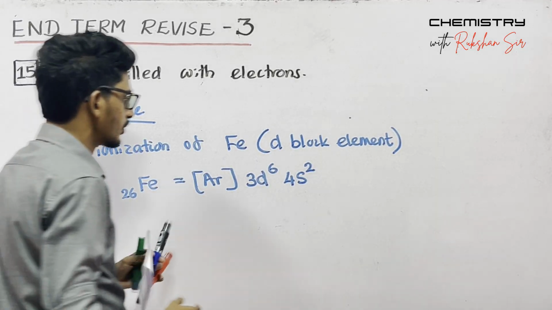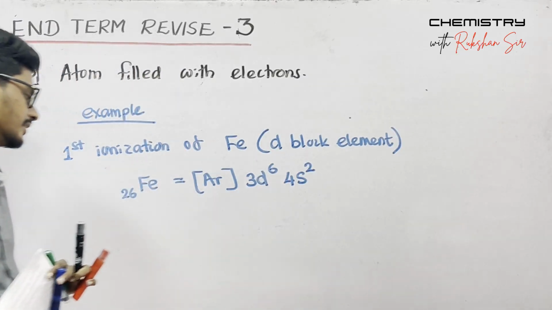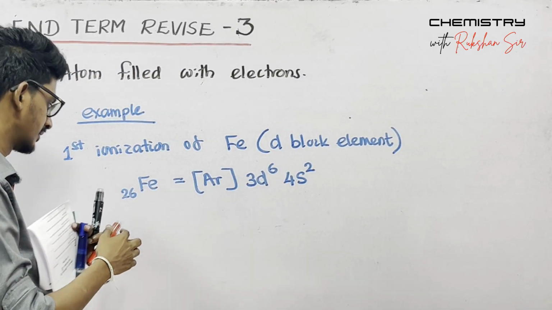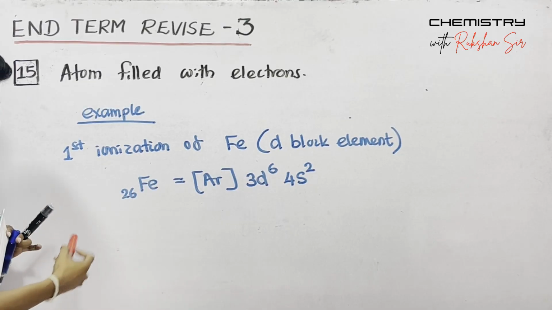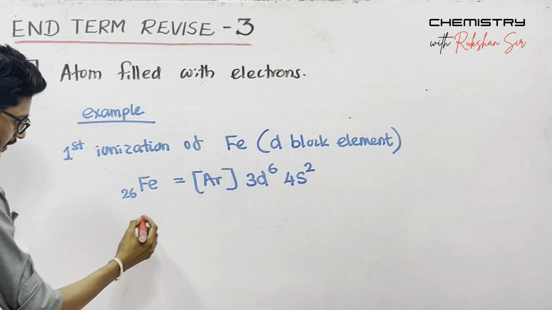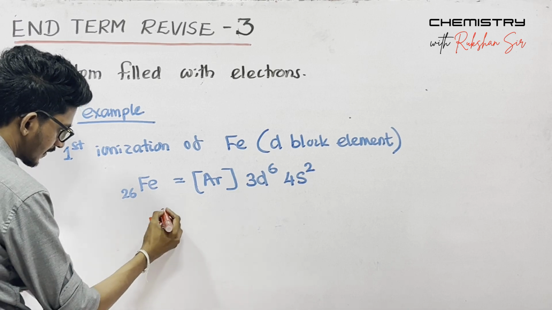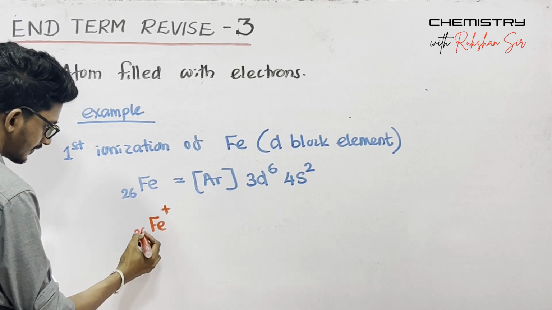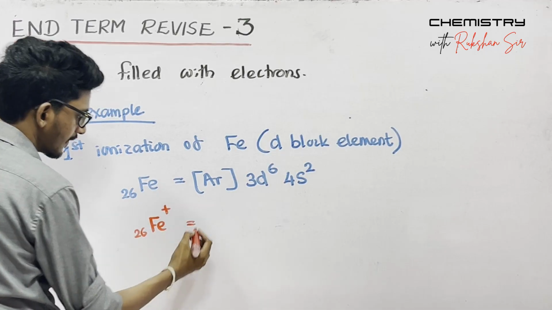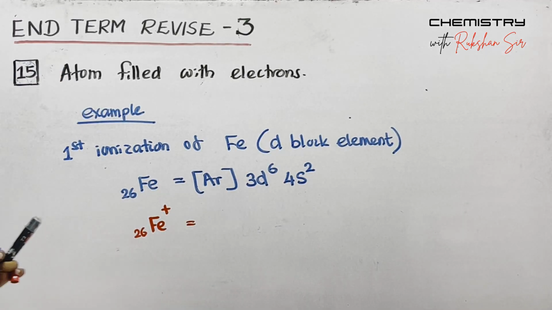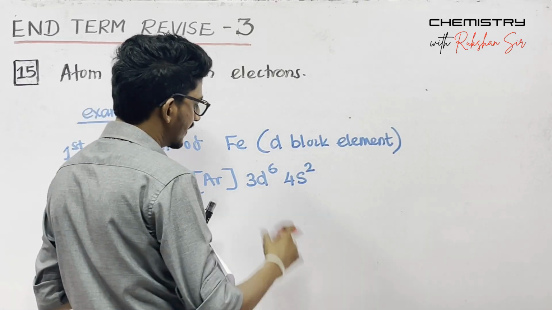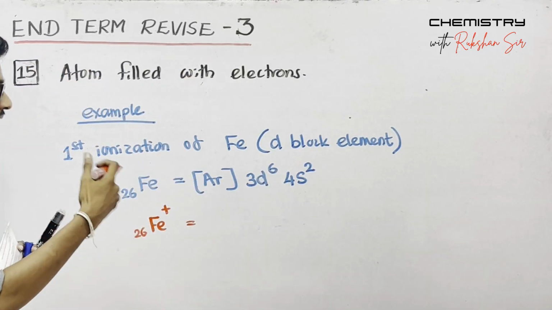When forming cations, such as Fe+, we are supposed to release the electron from the outermost shell.